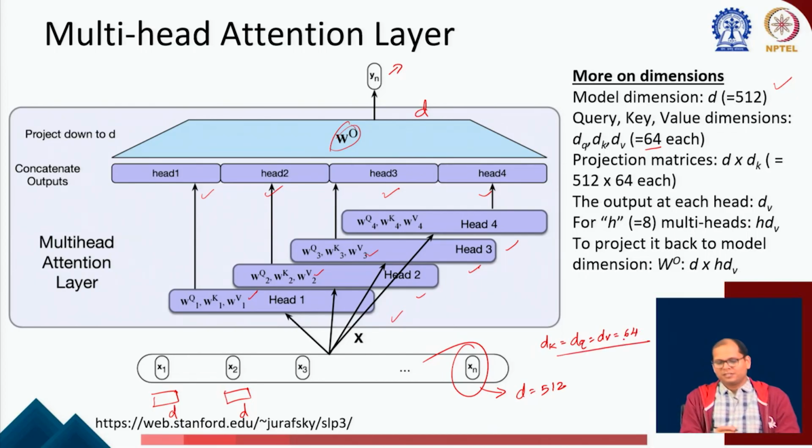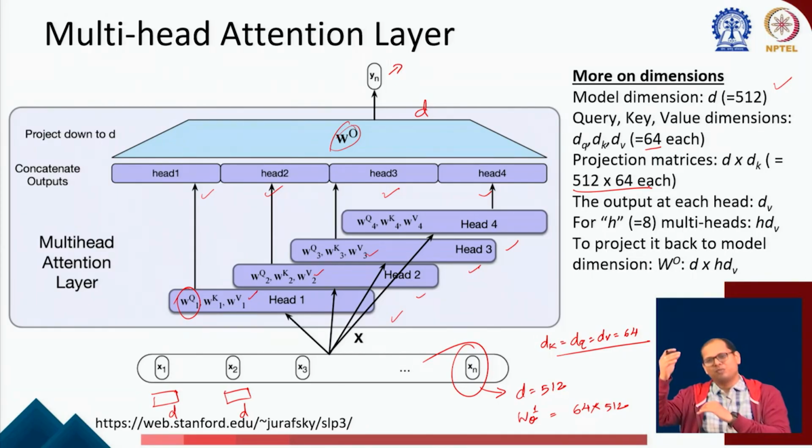That means each of these matrices WQi would be 64 cross 512. All of these are 64 cross 512 dimension, and you have 3 such matrices for one head.